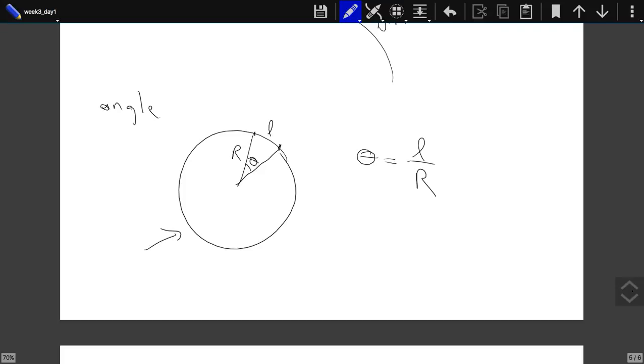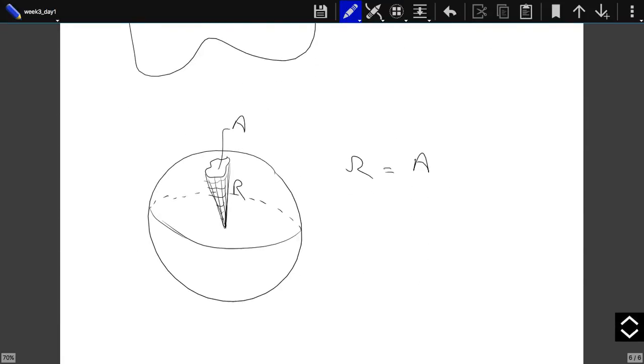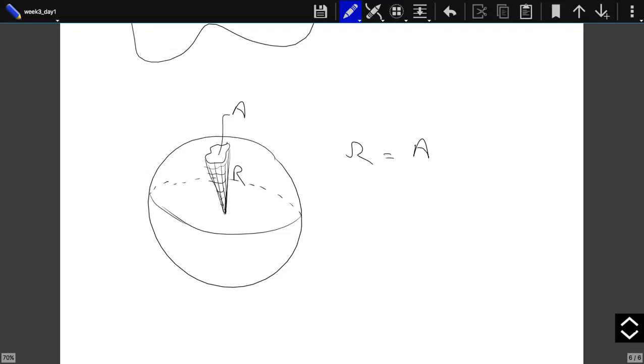So the ratio only depends on that angle. It doesn't depend on the size of the circle you imagine. In the case of a sphere, the areas increase with radius squared, not with the radius. So if you want to define a concept that is independent of the radius of the sphere, you have to divide by r squared. And this is what we call the solid angle, area over r squared.